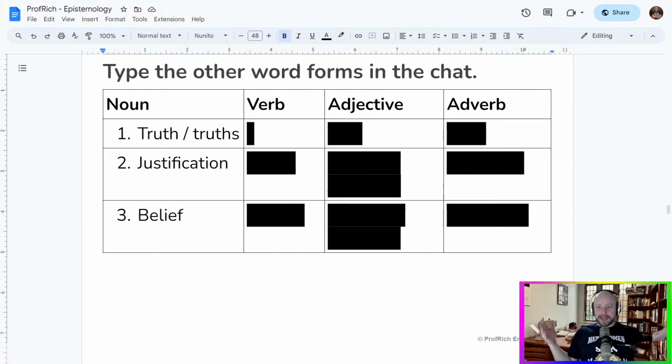Without justification, a belief is like a guess. It's like, I think there are 10 oranges in the basket. Why do you think that? I don't know. I have no justification. But I think it. So a belief without justification is not knowledge. For knowledge, we need justification.